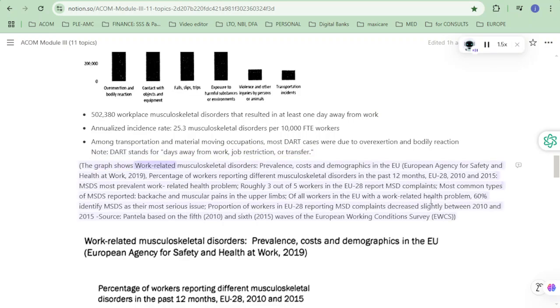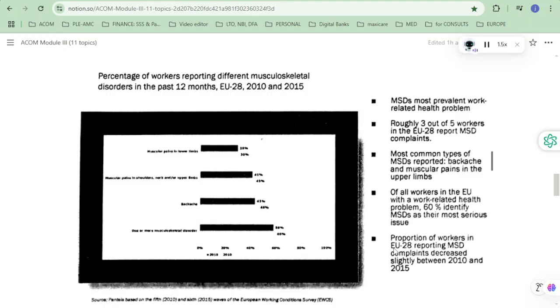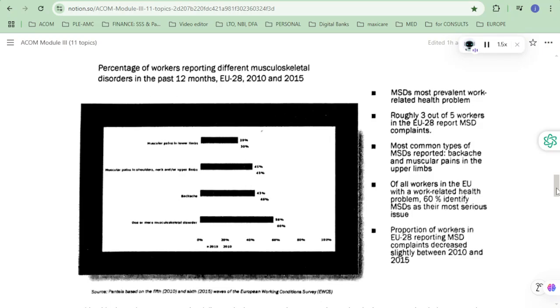The graph shows work-related musculoskeletal disorders, prevalence, costs, and demographics in the EU, European Agency for Safety and Health at Work, 2019. Percentage of workers reporting different musculoskeletal disorders in the past 12 months, EU 28, 2010 and 2015. MSDs are the most prevalent work-related health problem, with roughly 3 out of 5 workers in the EU 28 reporting MSD complaints.